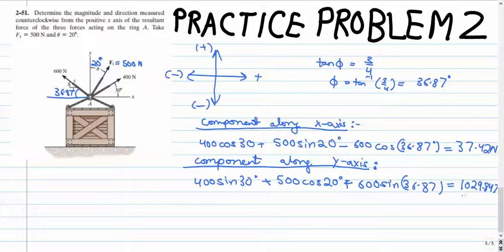So remember to not round off your figures before you get the final answer. Only round off once you have your final answer.